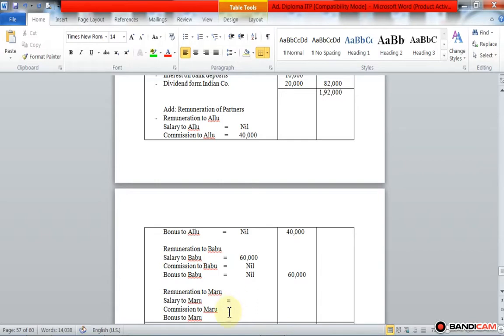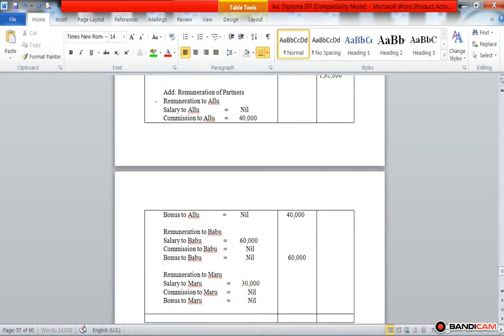It means salary is given to Maru, amounted to rupees 30,000. Bonus and commission are not given to Maru, so amounting column is nil. So total remuneration paid to Maru amounted to rupees 30,000.